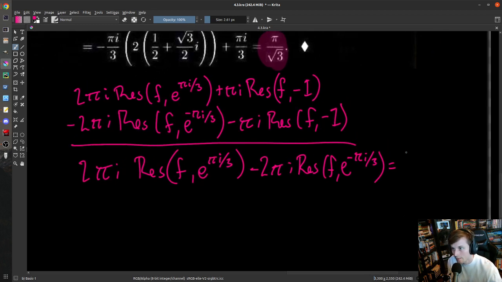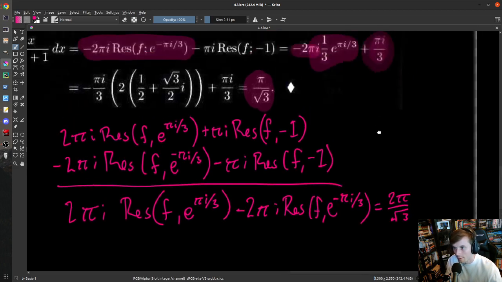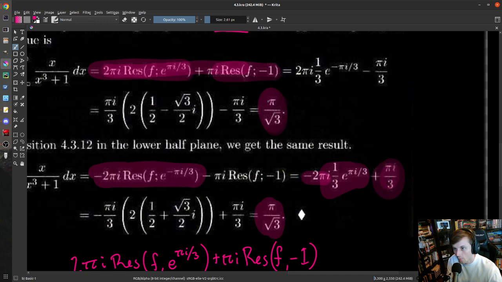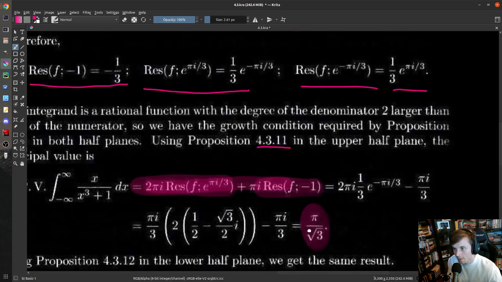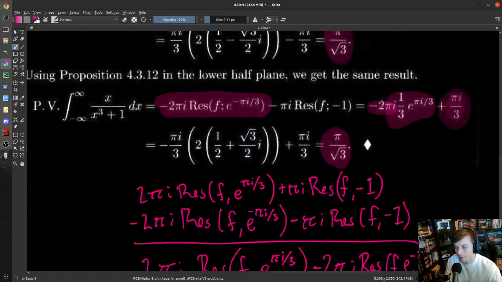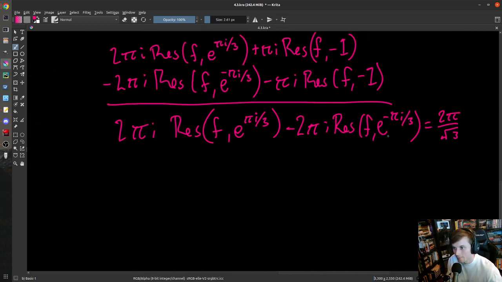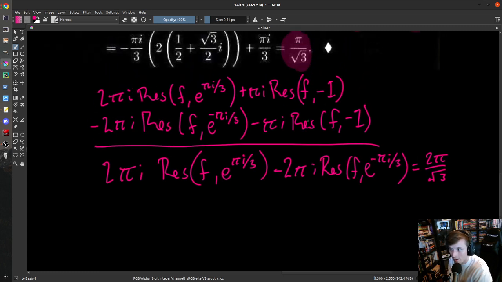And we will get 2 pi over root 3, right? And what were the residues we had from up here? Here's what I'm trying to say. If you add them together, you get that. If you subtracted them, then you would just have these two added together instead of subtracted, and you would get double the residue right there.